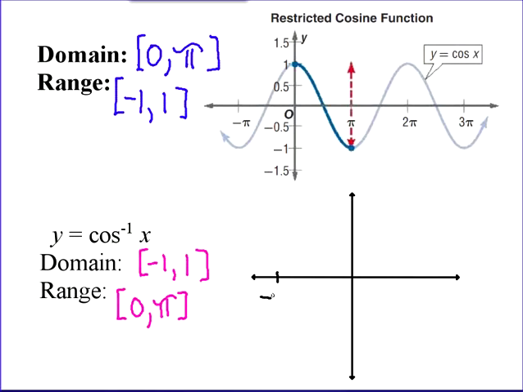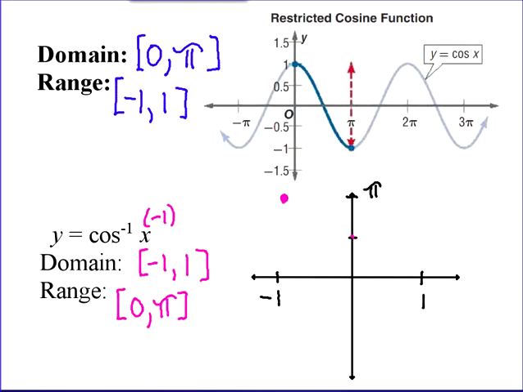So really, negative 1 to 1, and then I'm going to go from 0 to pi. So now I'm going to plug in -1 first. -1, what do we get? -1? You get 180? Okay. What do you get at 0? 90.